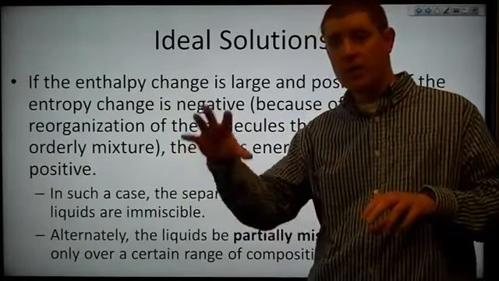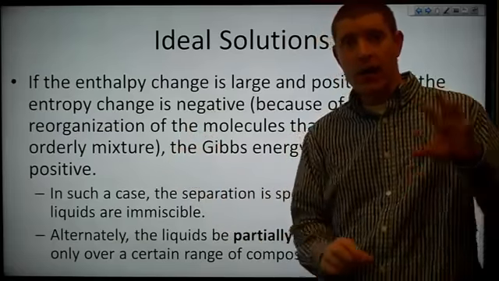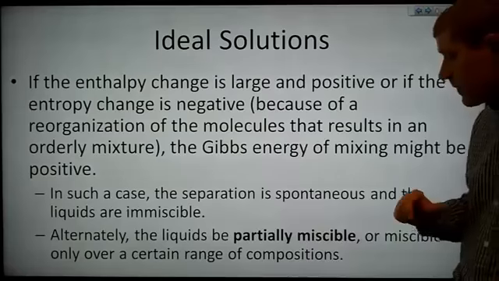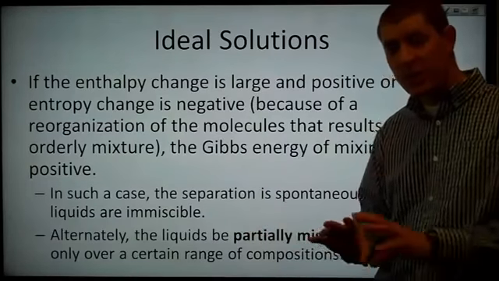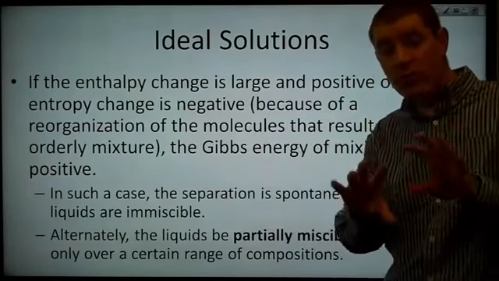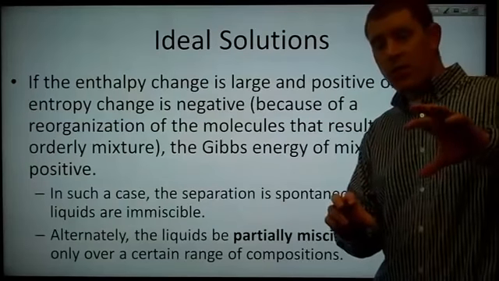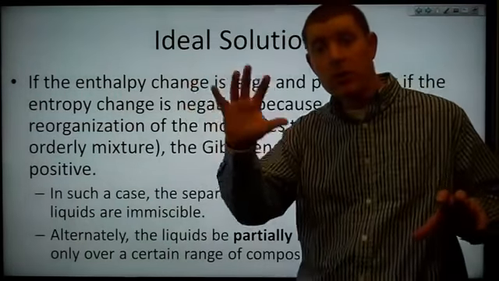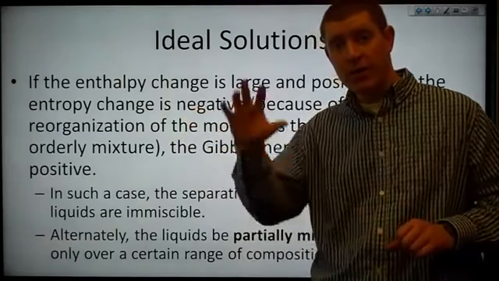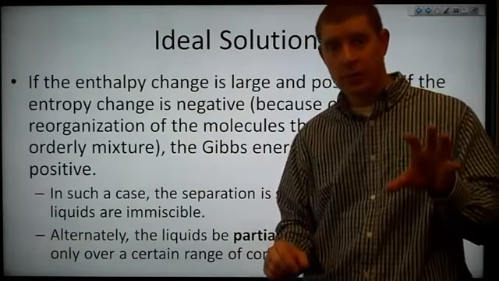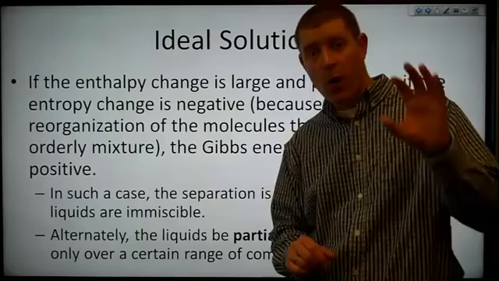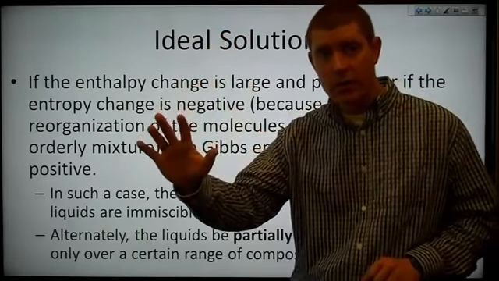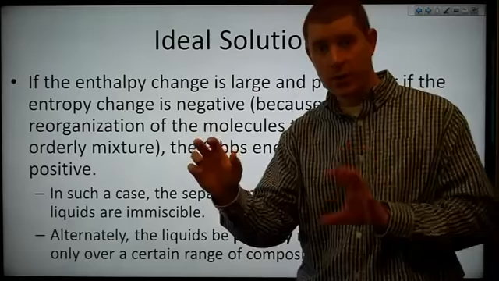One phase that is mostly A with a little bit of B, and another phase that is mostly B with a little bit of A dissolved in. And that's the case for something like oil and water. Oil and water do, in fact, mix, but the mole fraction of water in the oil is relatively small, and the mole fraction of the oil in the water is relatively small. So you have two different phases, one where water is the solvent and oil is the solute, and one phase where oil is the solvent and water is the solute.